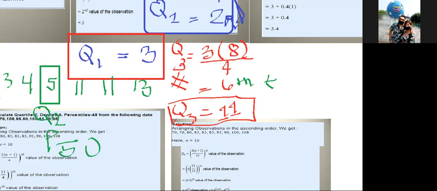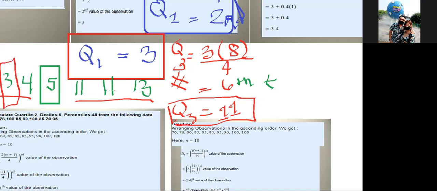Okay, so when we want to find the first quartile, we are actually having 2 sides. This side is the lower quartile, and we have the upper quartile. So the first quartile is the middle point of the lower half.